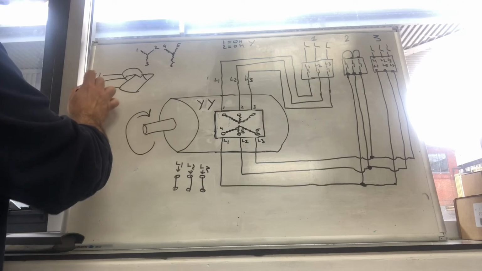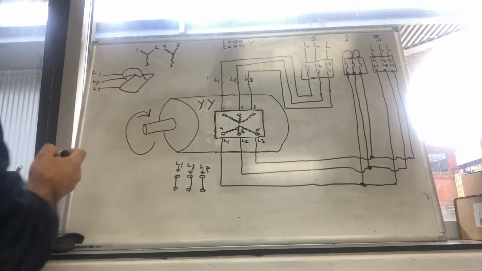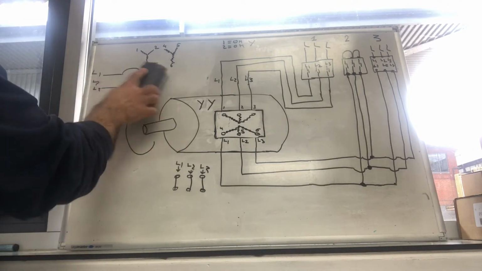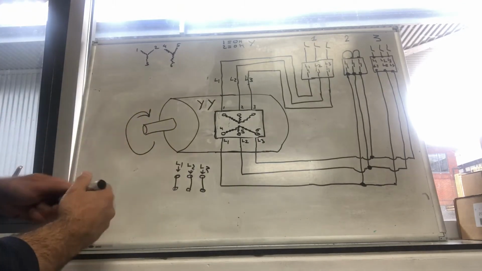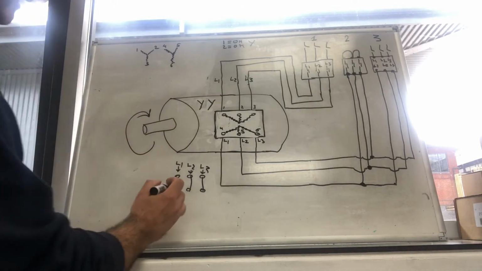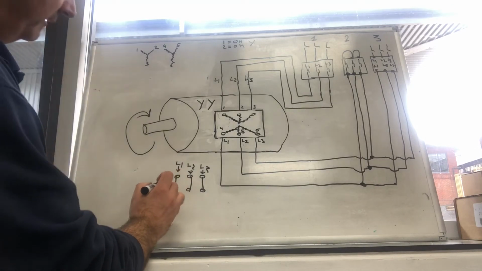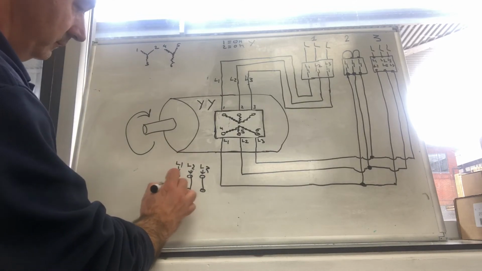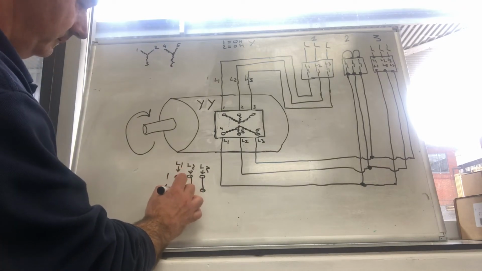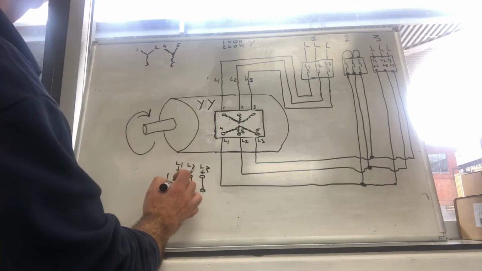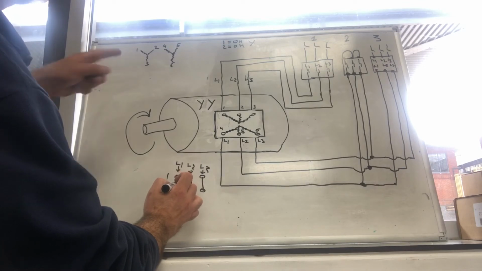So you have L1, L2, L3, because it's better represented in here. So actually you put it this way, this will be 1 and 4, 1 and 4, and then you have 2 and 5, and then you have 3 and 6.